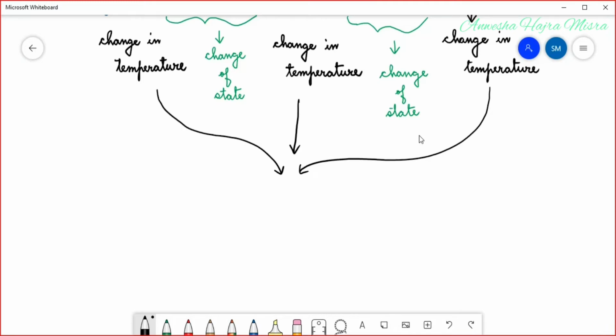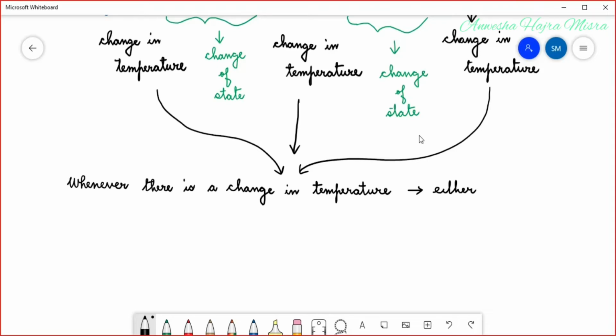Now whenever there is a change in temperature, either heat is lost or heat is gained.